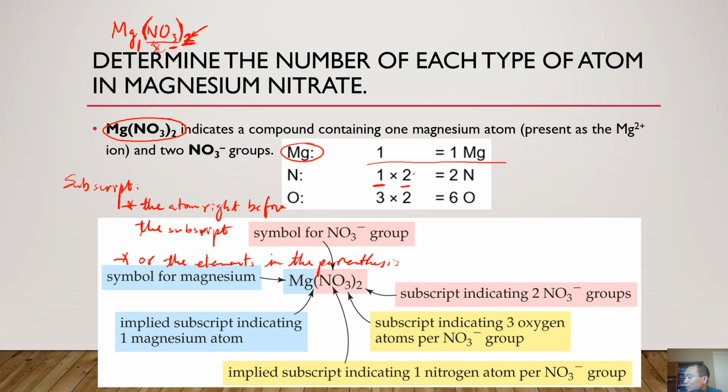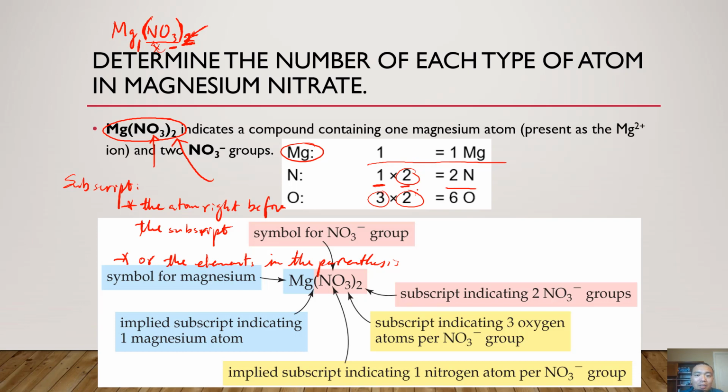That's why you multiply by 2. This gives you 2 nitrogen. Similarly, for oxygen, after that you have a 3 attached to it as the subscript. So in each NO3, you have 3 oxygen. However, you do have a subscript of 2. So the total is 3 times 2, which gives you 6 oxygen atoms.